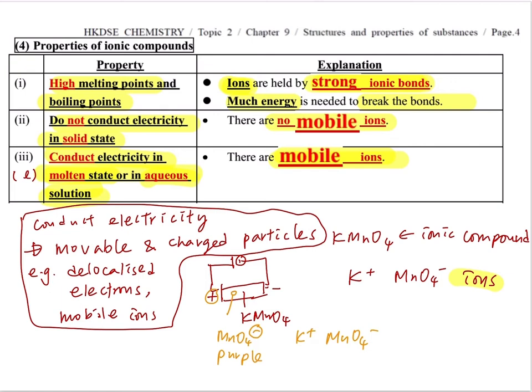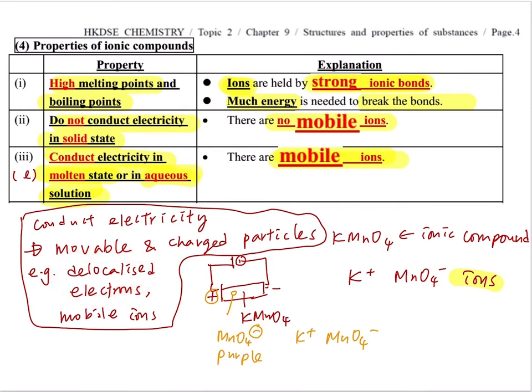即係話要通電其實就係要啲喐得啦，同埋有 charge 嘅嘢，跟住去帶啲電由一邊去另一邊啊嘛。係啦，呢個係個要求。咁有啲乜嘢係喐得而係有 charge 嘅咧？就有 two examples. We have two examples of movable and charged particles for conducting electricity. One of them is the delocalized electron.